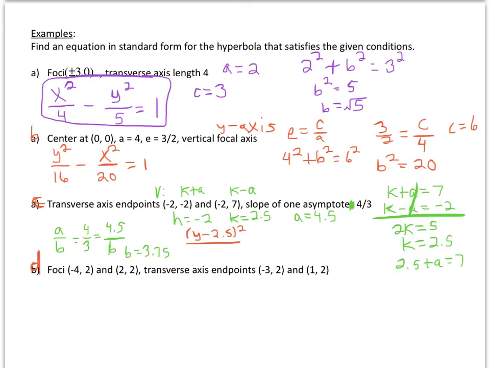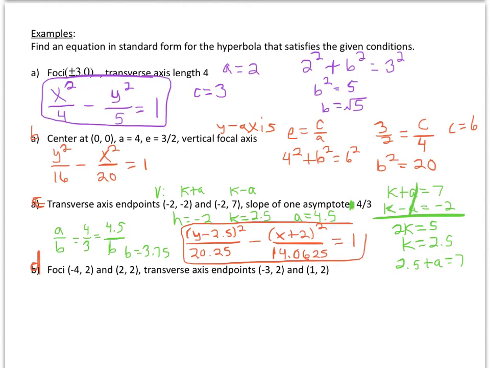So 4.5 squared is 20.25, minus x plus 2 squared over 3.75 squared, 14.0625. Okay, that one was kind of complicated, so that's more of a worst case scenario kind of situation.